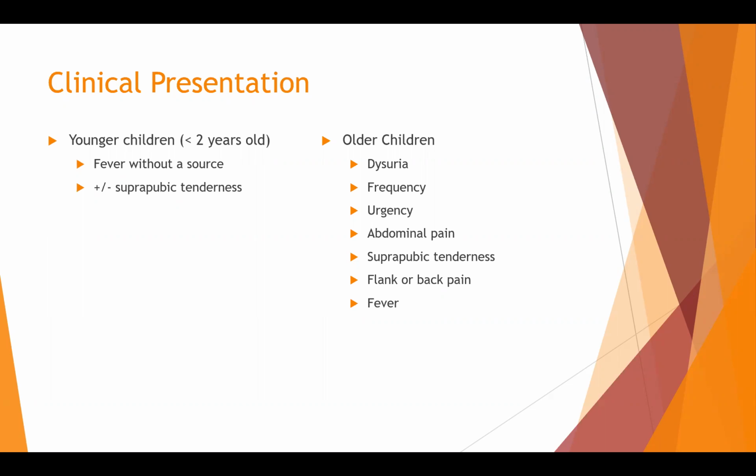In older children, it's a little easier to get more things that point to UTI in terms of dysuria, frequency, urgency, whether it's abdominal pain, suprapubic pain, flank pain. Sometimes they could even have some hematuria that goes along with this.